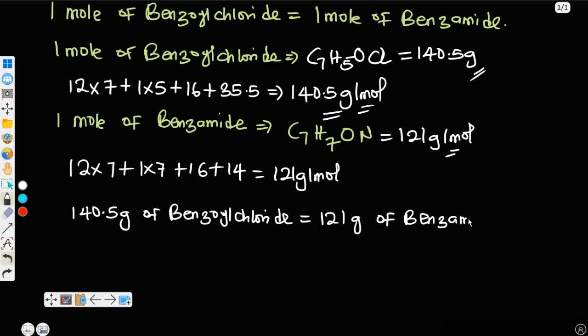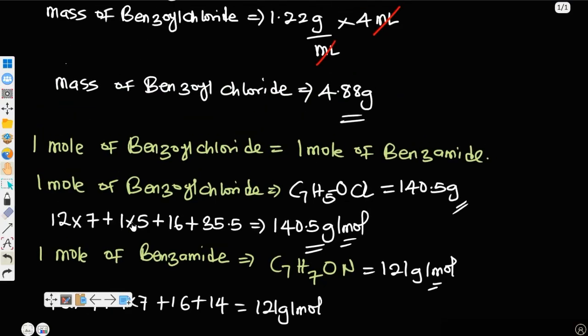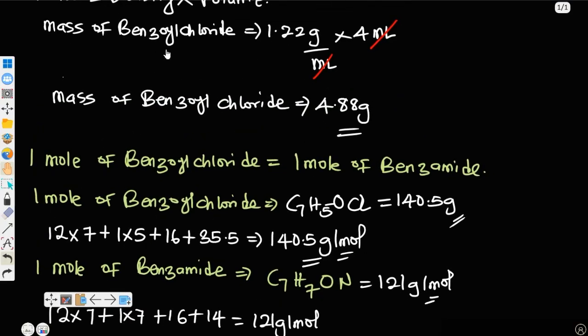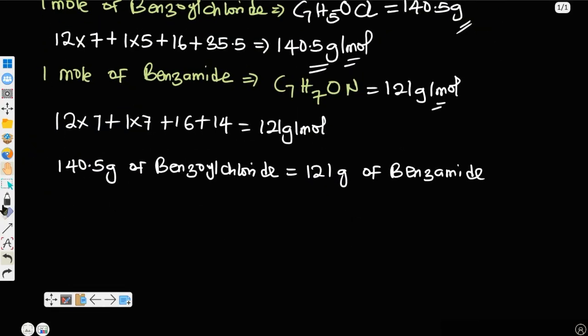What was the mass of benzoyl chloride that we just calculated from the question? 1.22 gram is the density, times 4 mL, which is 4.88 gram. So you are now going to say 4.88 gram of benzoyl chloride will be equal to X of benzamide.